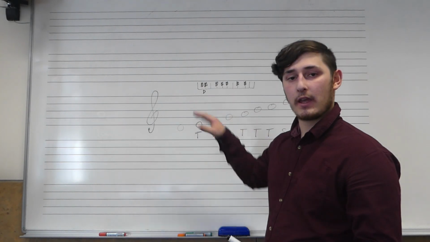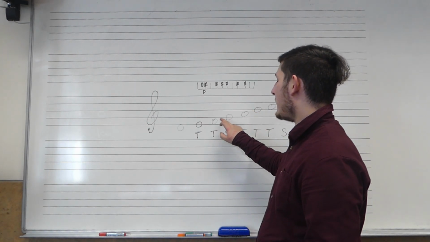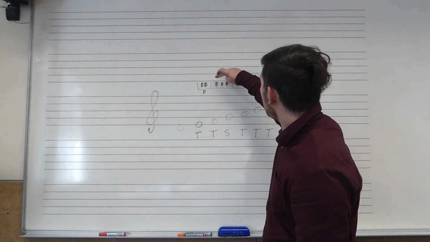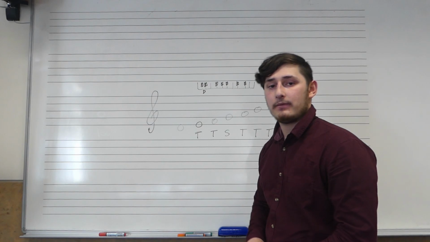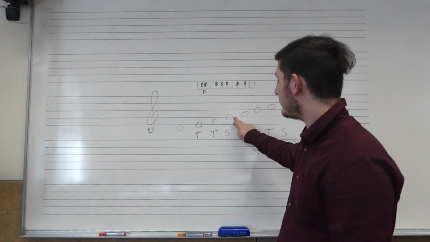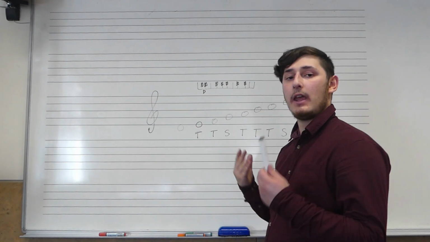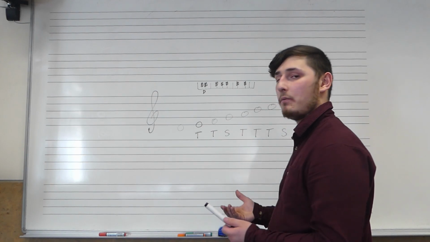Now we'll work that out shortly, but how we know that it's not a G flat is because we already have a G already. Now we'll go on further and then I will explain it a lot better.